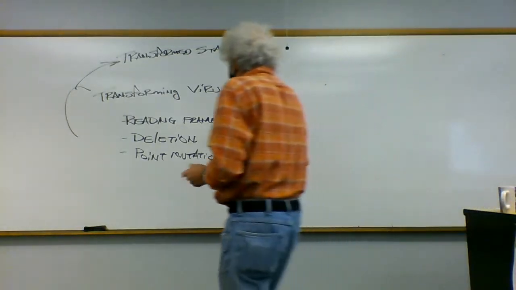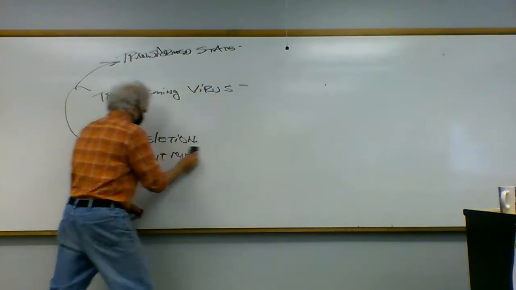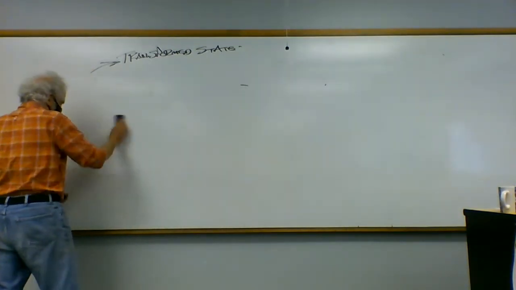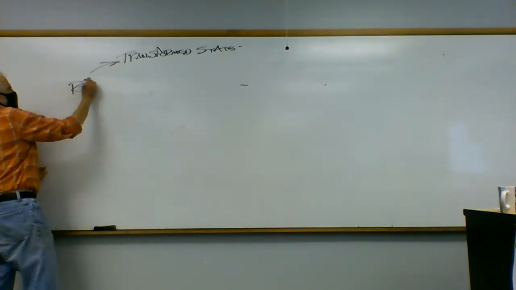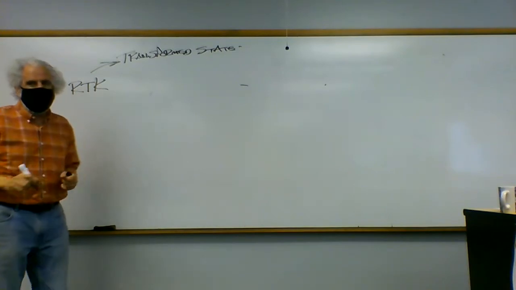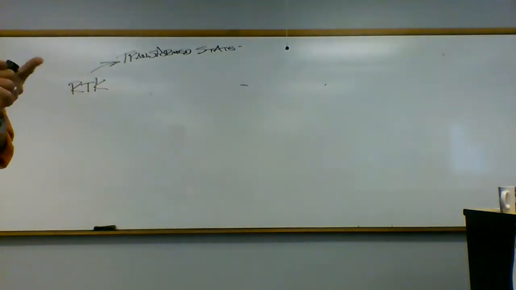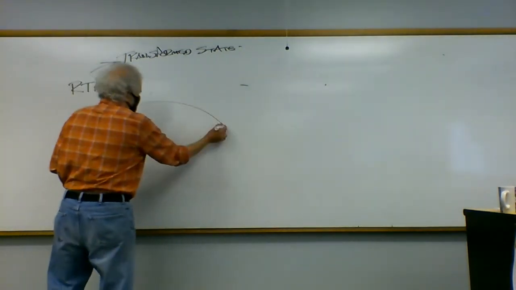So, just as an example, one of the things we have seen is this. If you recall, when we were talking about the RTK class of signal transduction systems, the receptor tyrosine kinases, we diagrammed it like this.